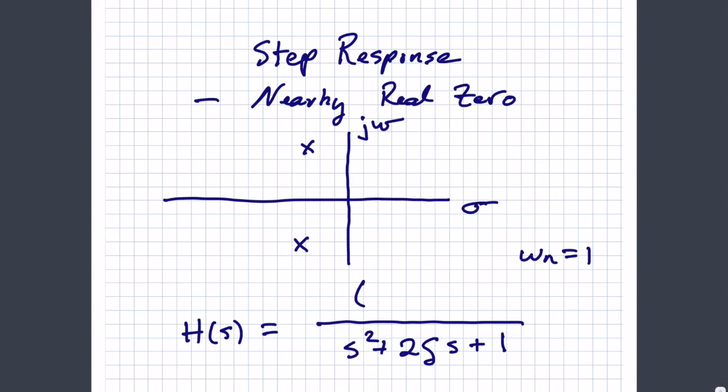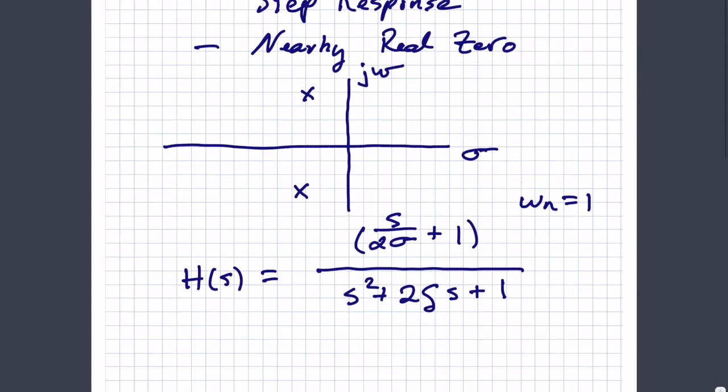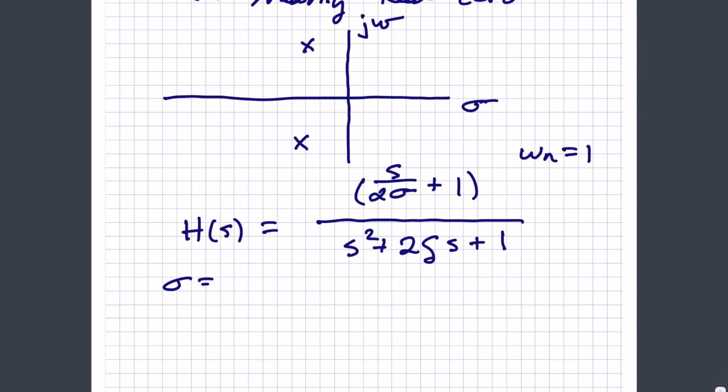a real zero. Okay? So as we did before, we're going to make this s over alpha sigma, plus 1, and we're going to let sigma equal zeta omega n, and if omega n is equal to 1, that would just be zeta.